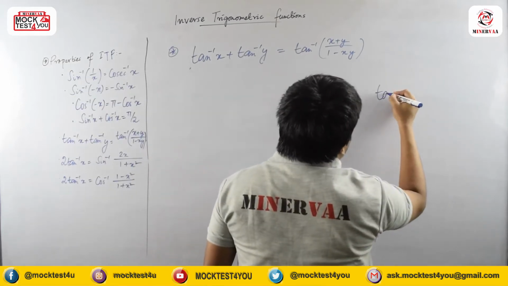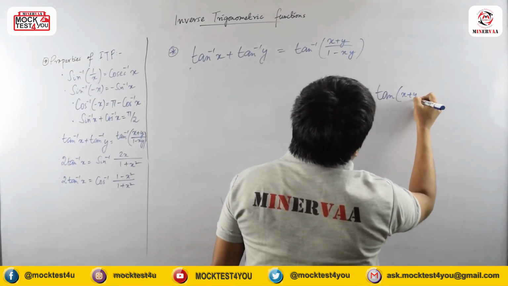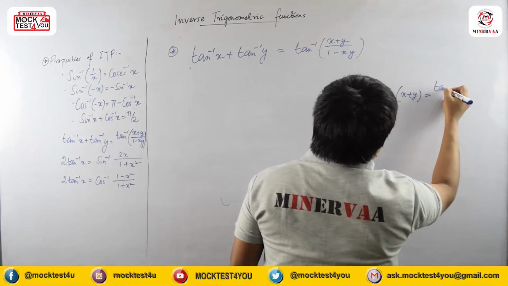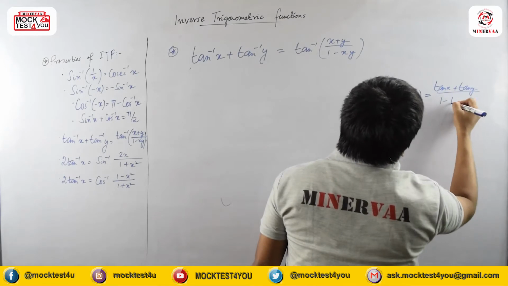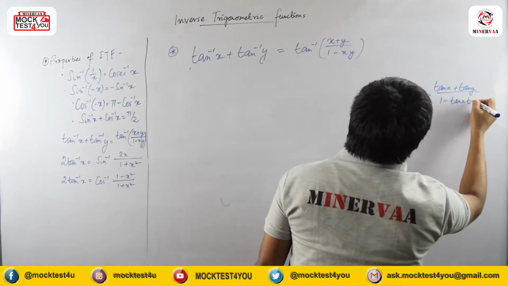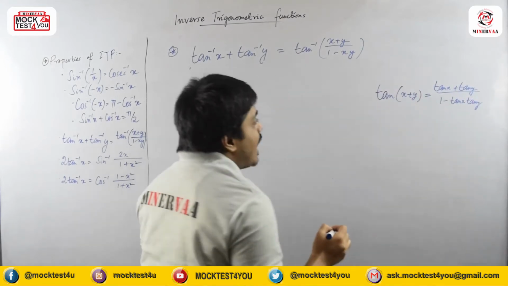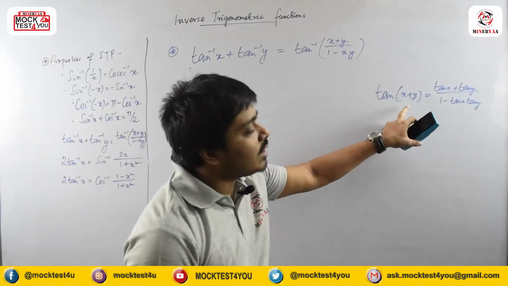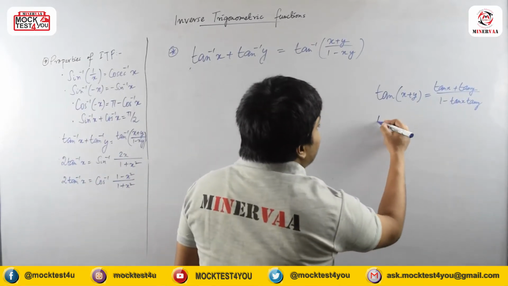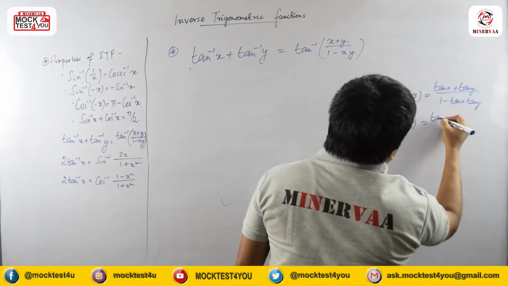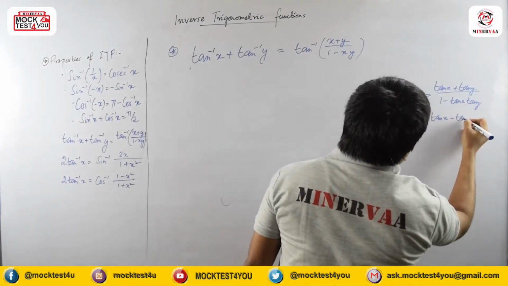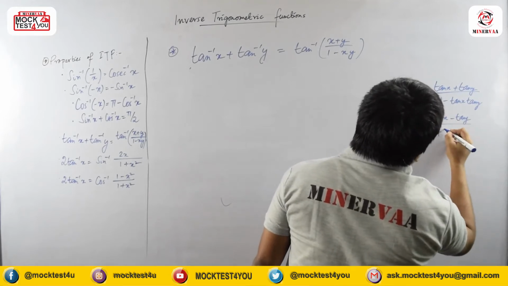So I was talking about this one: tan (x plus y) is equal to tan x plus tan y divided by 1 minus tan x tan y. Related to this, there was another formula: tan (x minus y) was tan x minus tan y divided by 1 plus tan x tan y.